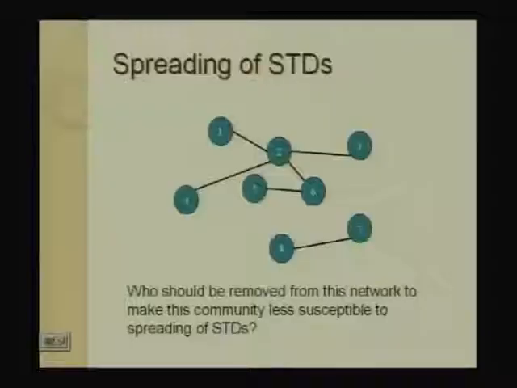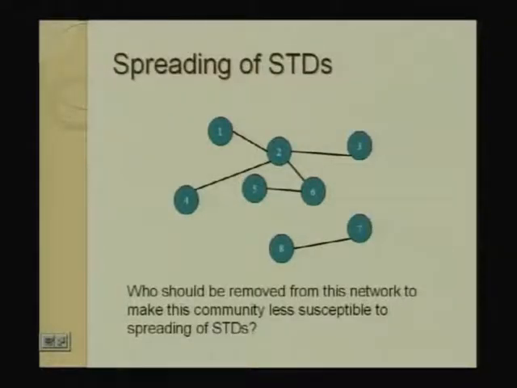So is it the case that somebody who is most susceptible of getting STDs, if you remove that person, the network gets better? That actually need not be always true.